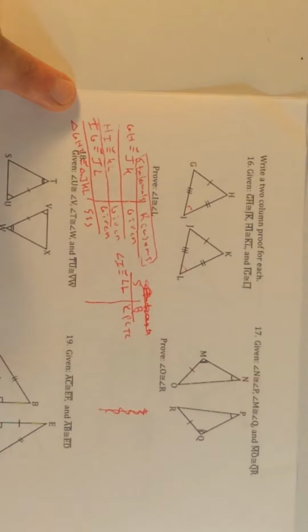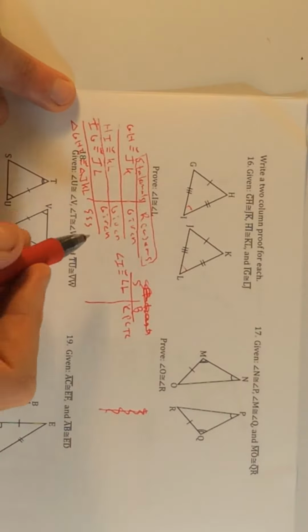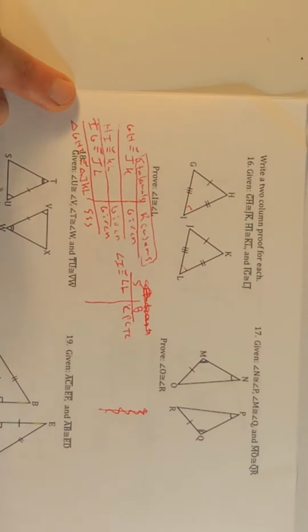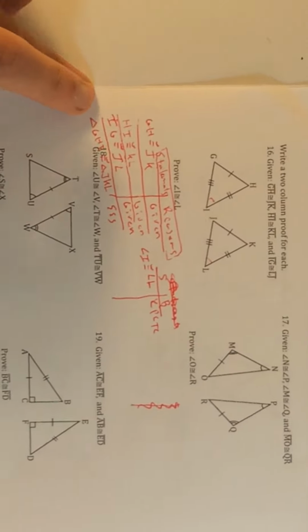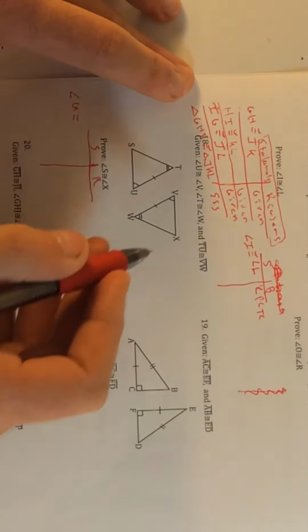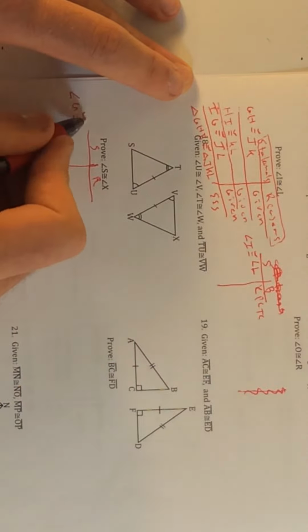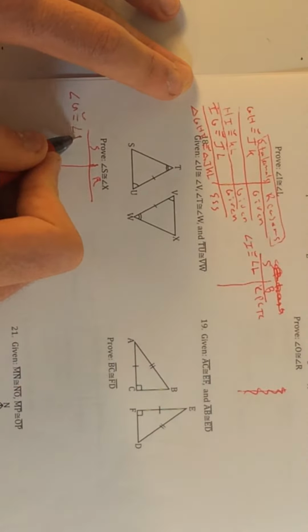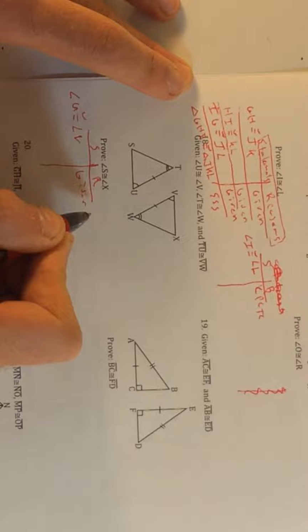Number 18. So I'll set up my statements and reasons chart. So given angle U is congruent to angle V. This was given to us.